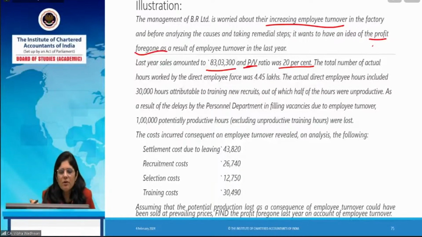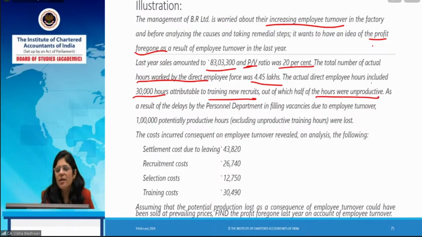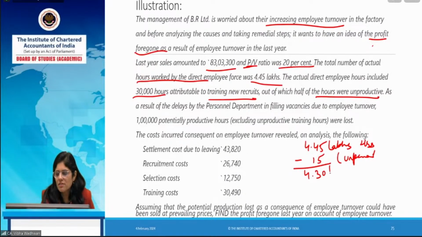The total number of actual hours worked, that means the productive hours, were 4.5 lakhs. The actual direct employee hours include 30,000 training new recruits, out of which half were unproductive. So out of 4.5 lakhs hours, 15,000 were unproductive. So we have to calculate the productive effective hours. So 4.30 lakhs hours are productive. Clear?